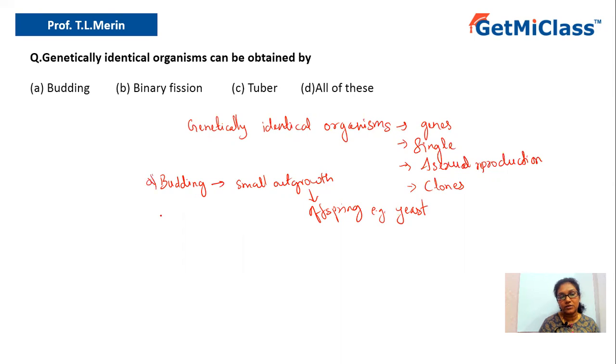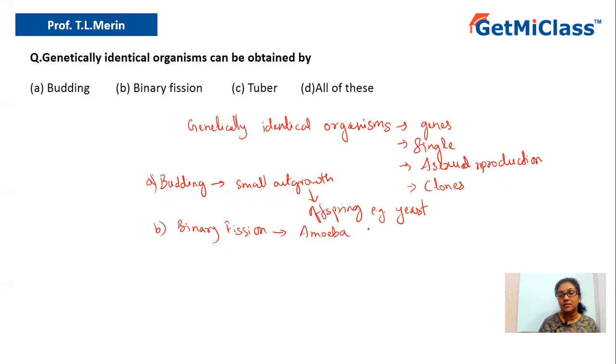Now let us talk about the B option, that is binary fission. So what do you understand by binary fission? Binary means splitting into two. Binary means two, and fission is nothing but splitting. So when an organism splits into two during reproduction, that is what is called binary fission. For example, amoeba. So amoeba reproduces by binary fission.